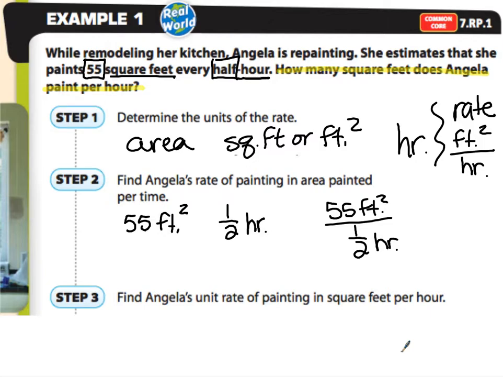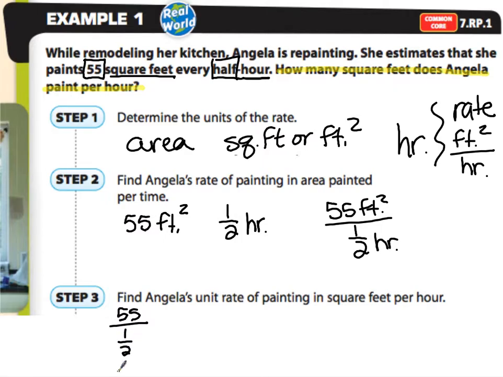Okay. Now, to find the unit rate, I have to do a little bit of math with fractions. And I know we don't like math with fractions, but we have to continue to practice it. Okay, so I have 55, and remember, since it's a fraction, it's like division.